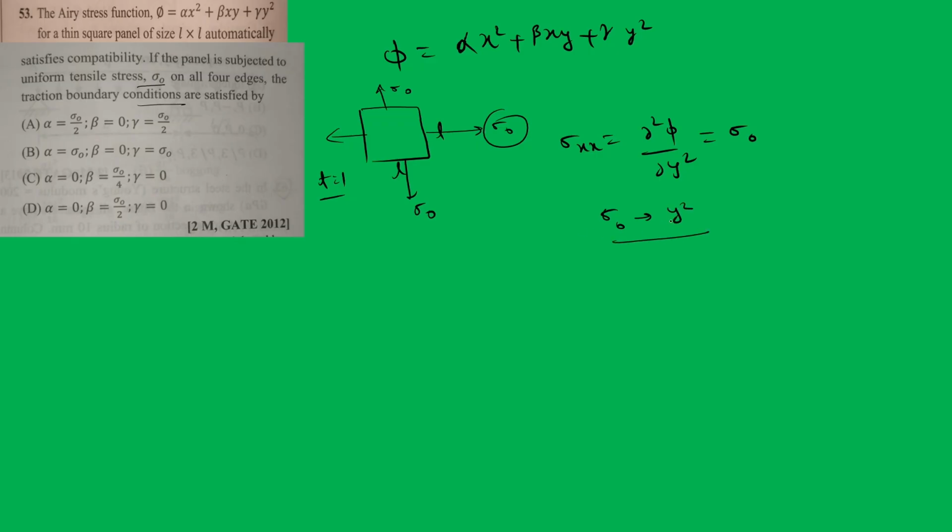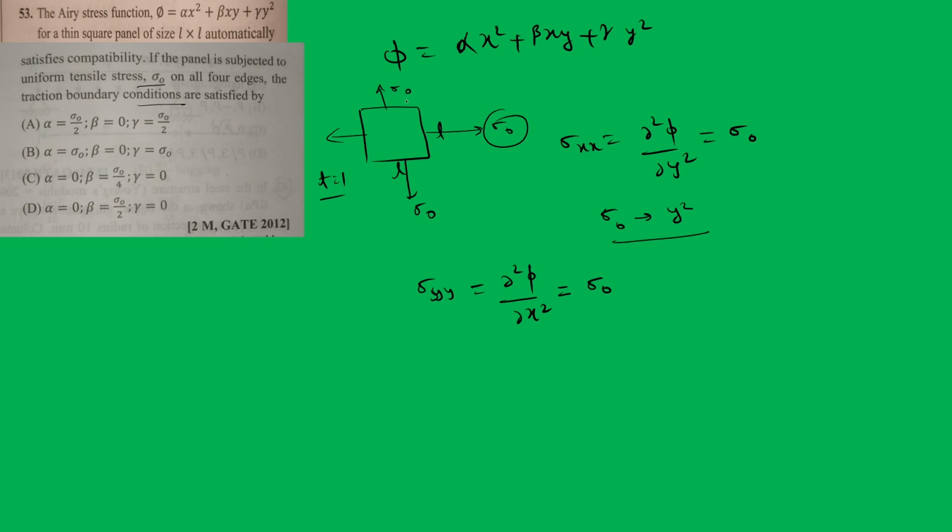So correct. Okay. Now they are also asking us the values of all these alpha, beta, and gamma. So sigma yy, what would that be? Dou square phi by dou x square, and this should again be sigma naught.